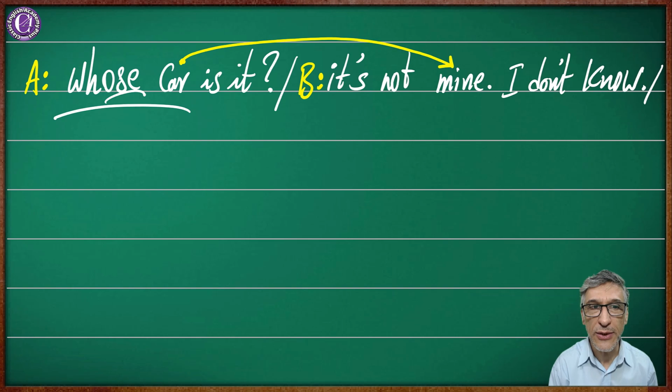Sometimes we need to bring this whose with a noun. Sometimes we know what we are talking about, so we do not need to talk about the noun or bring the noun in the question. I just say, whose is it?